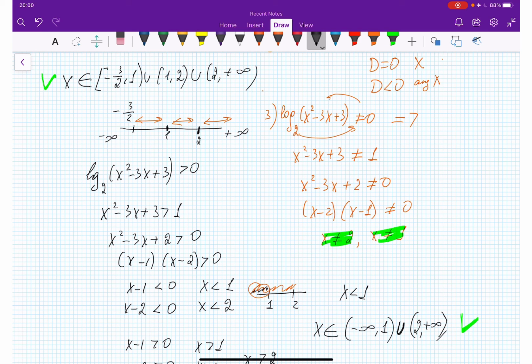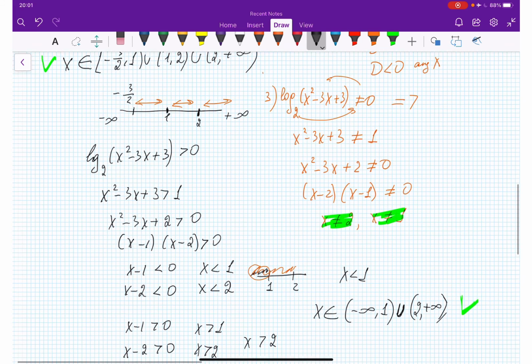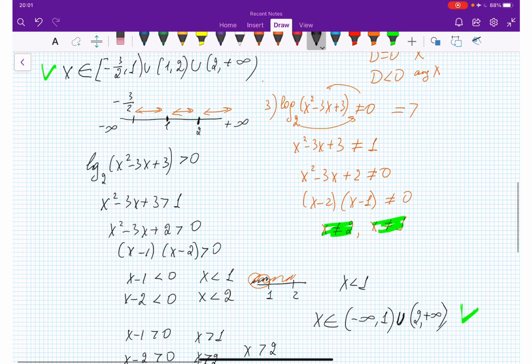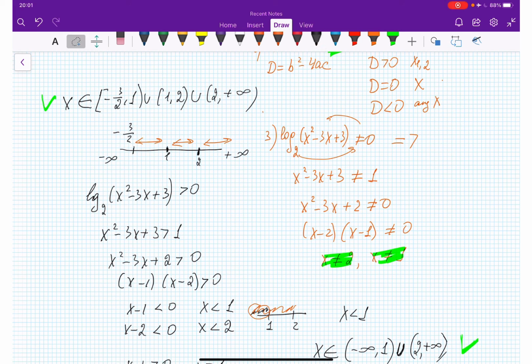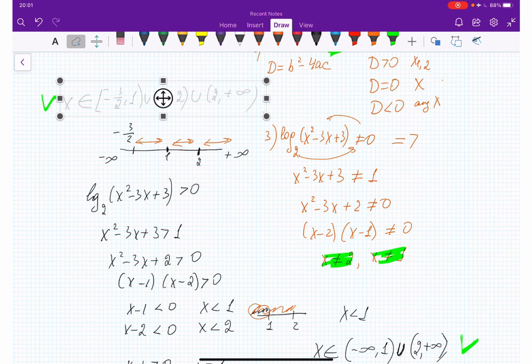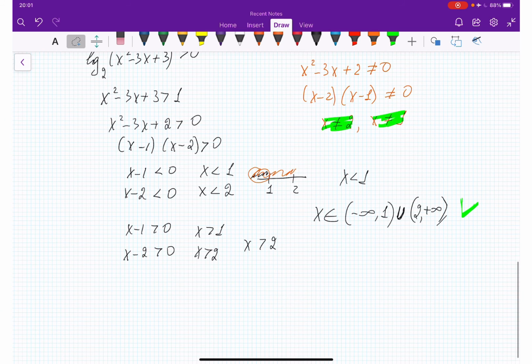So what do we have here? Negative infinity and 1, and we have 2 and positive infinity. In this case, if I compare, we need to add the point negative 3 over 2, right? Let me copy this, draw, and then we can put all this together.